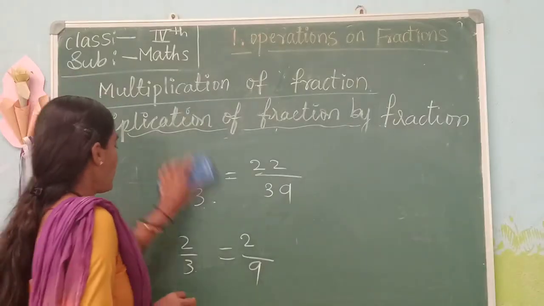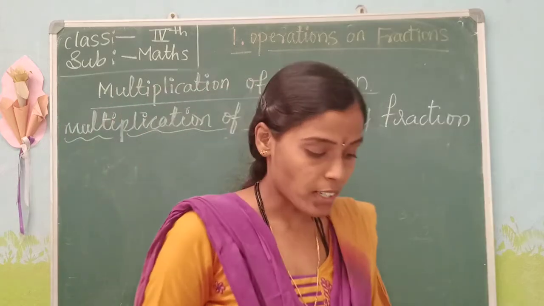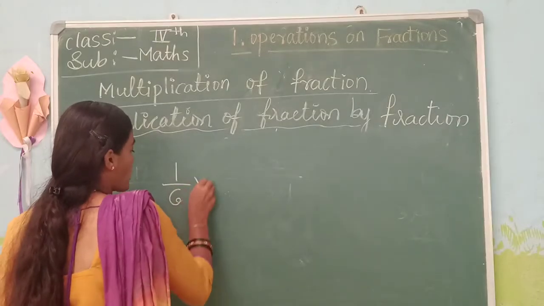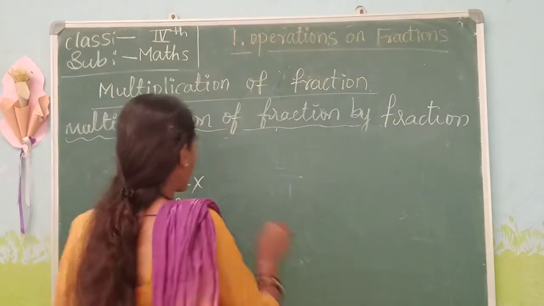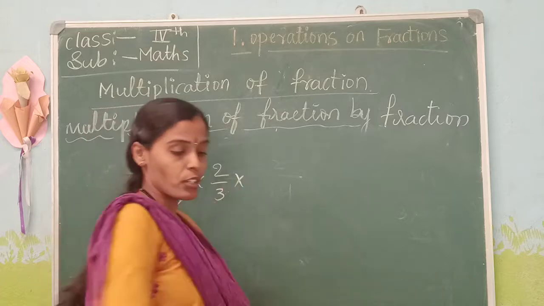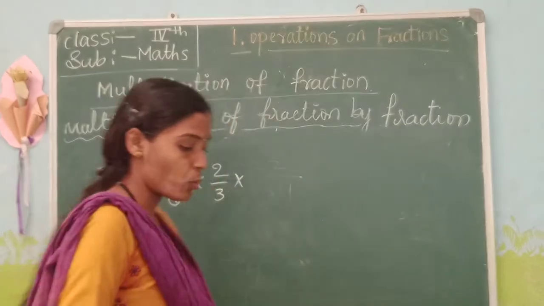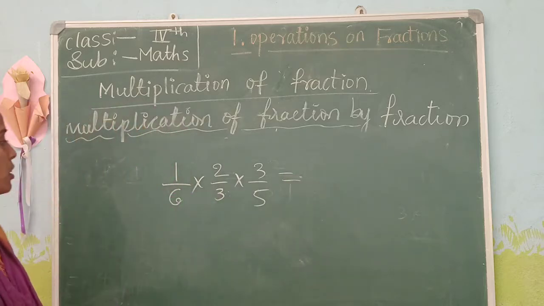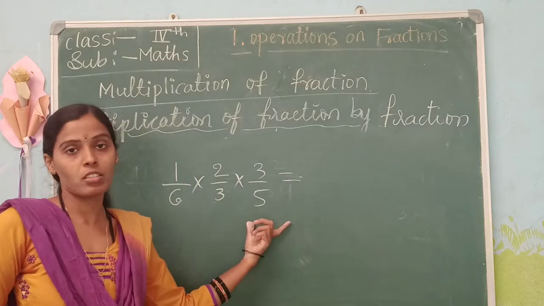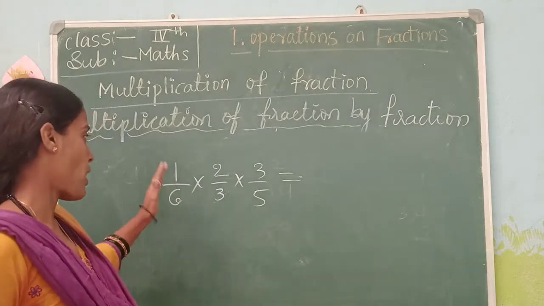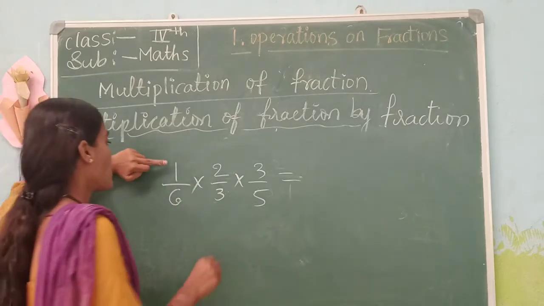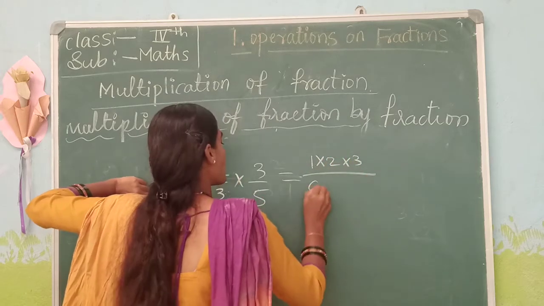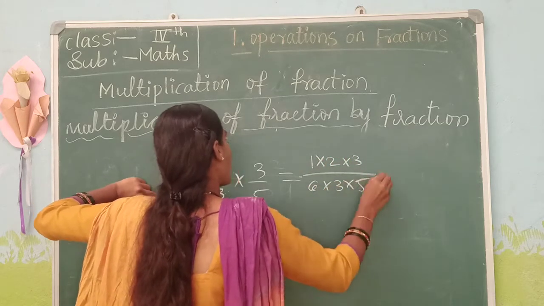For example, another example here. What is 1 by 6 into 2 by 3 into 3 by 5? There are 3 fractions. 1 into 2 into 3 divided by 6 into 3 into 5.